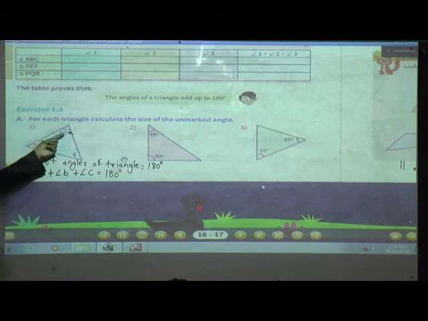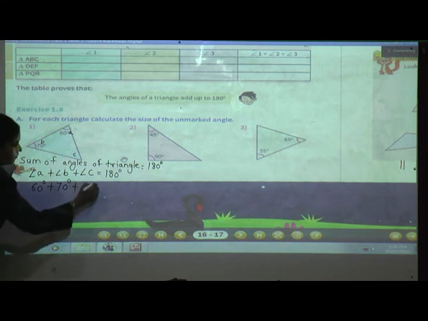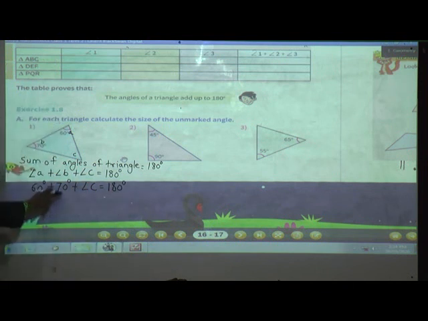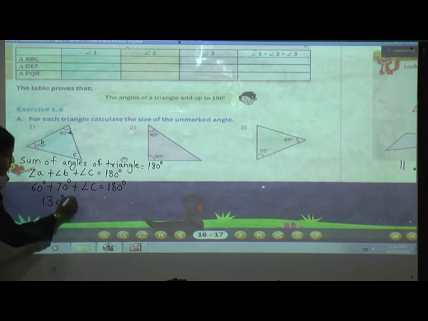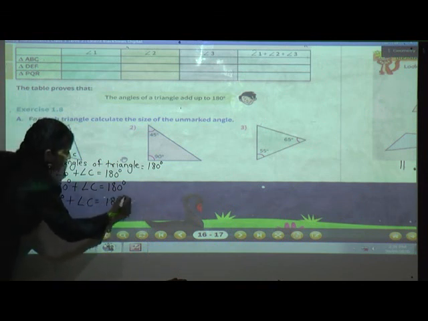Now here angle A is equal to 60 degree, angle B is equal to 70 degree, and we have to find this one, angle C. We don't know it. We have to calculate it. So add this 60 plus 70. What will come, students? 130. Good. Plus angle C is equal to 180 degree.